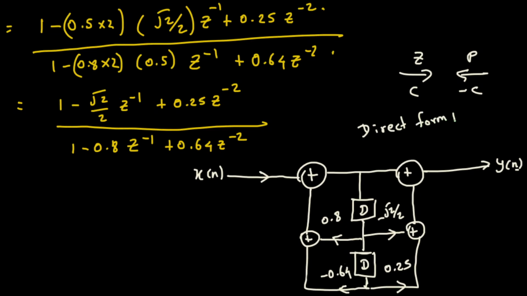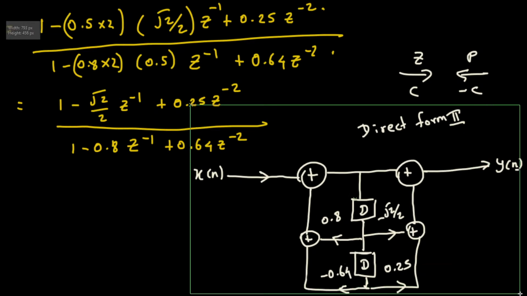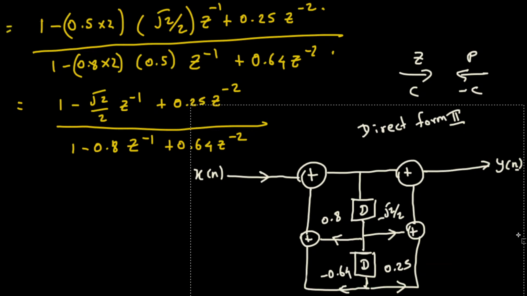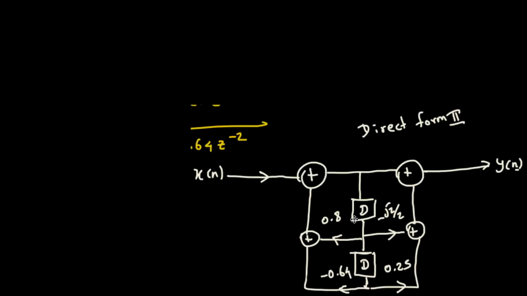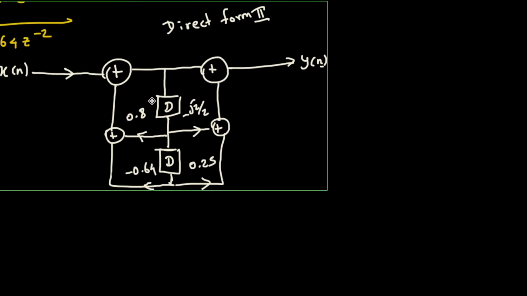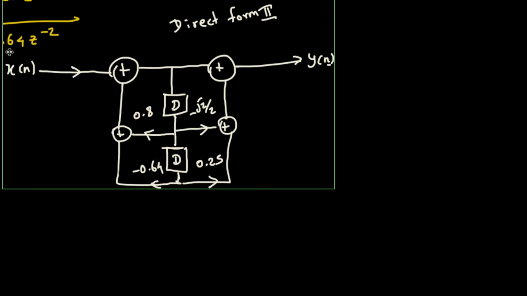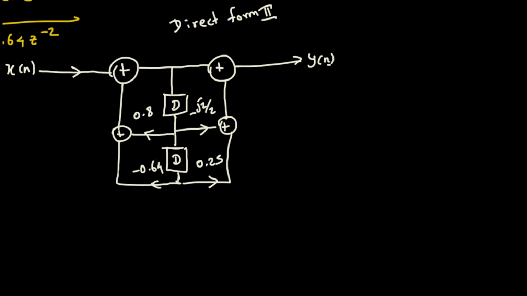Okay, now the next thing is we have to do the transpose. In order to do this, I bring the same diagram to the page. In the transpose, what will happen is this plus will be in the middle.